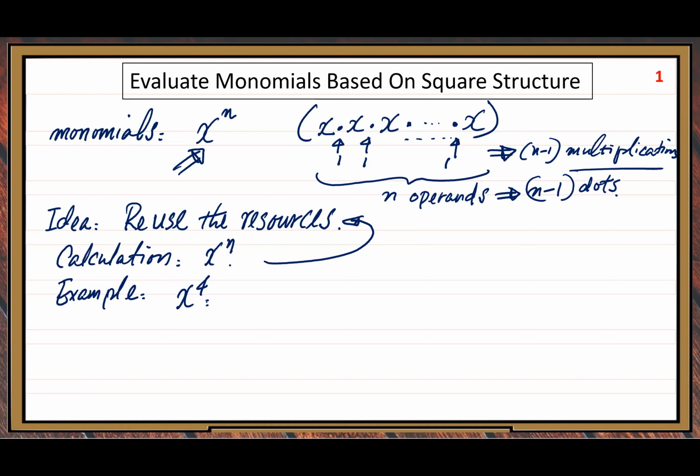If we use the old way, x dot x dot x dot x, four copies of x with 3 dots, then it gives us 3 multiplications.